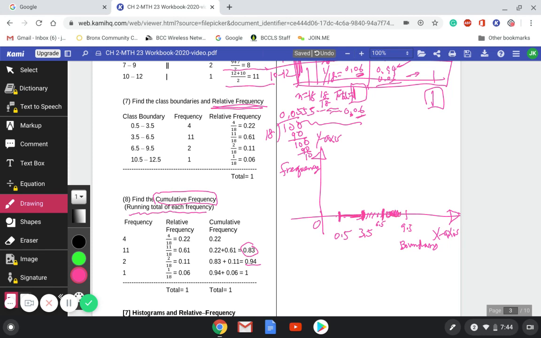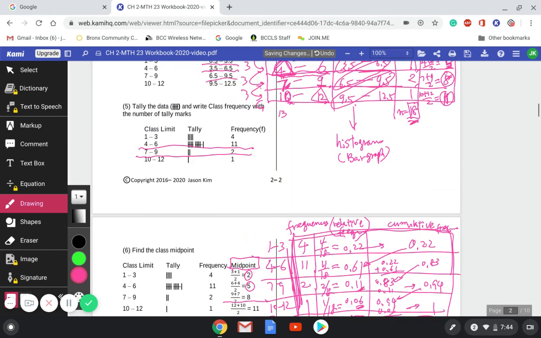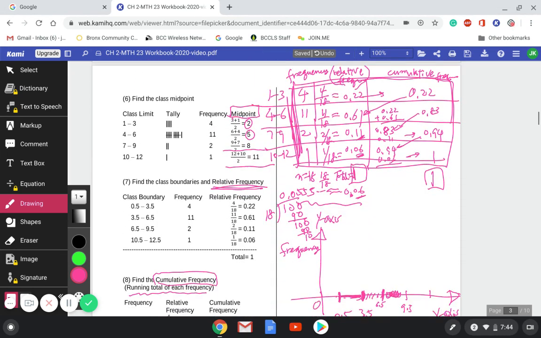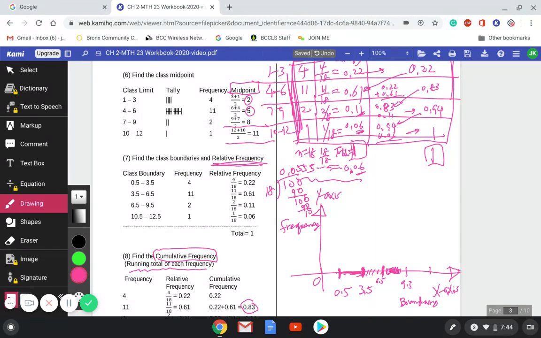And then the next one was 9.5 to 12.5. So that's the x-axis basis. And then frequency goes how high you go up.